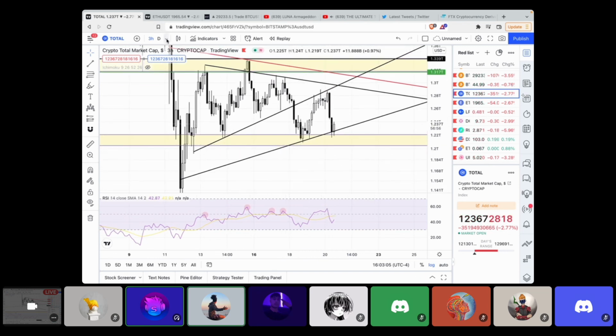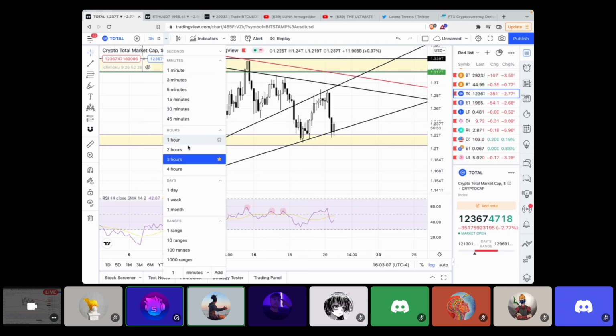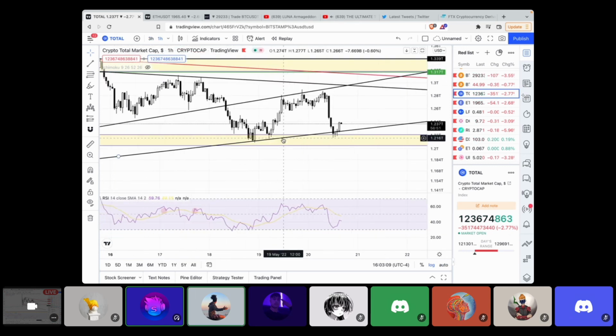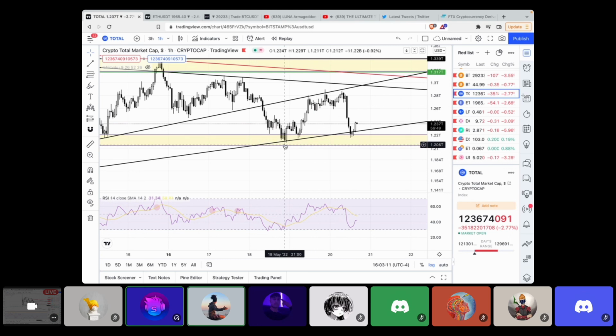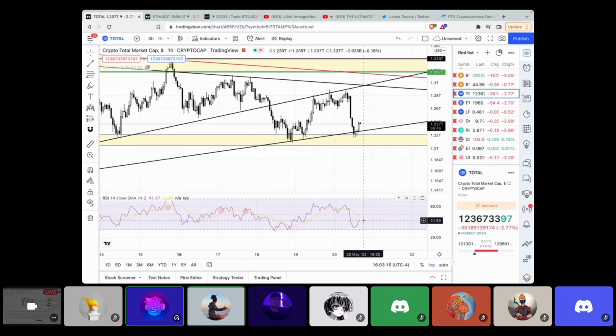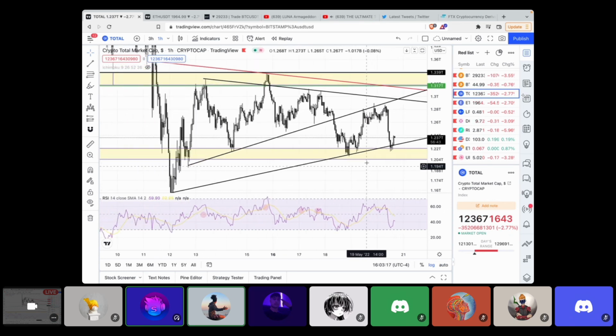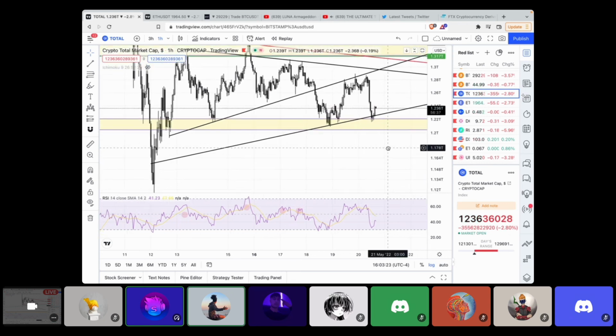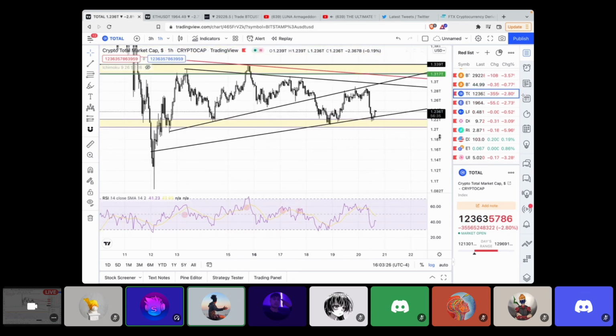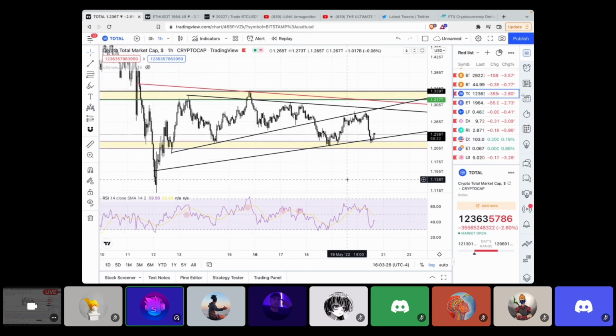So this isn't on a 3-hour time frame, but maybe on an hourly, right? We see how this trend line is held. We just wicked the zone. Can we hold support above the 40 RSI and continue this range? If not, let's look for mitigation of this candle and a test of the lows of total crypto market cap.